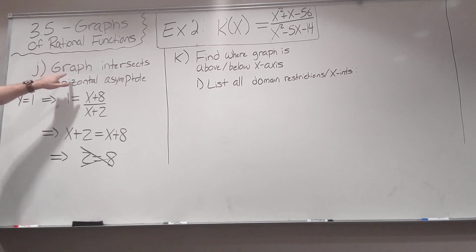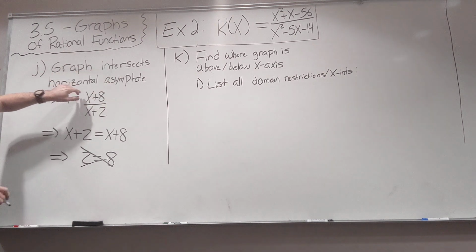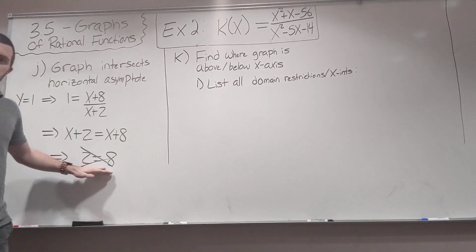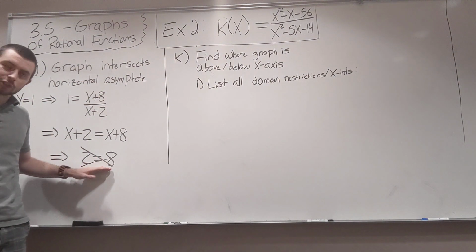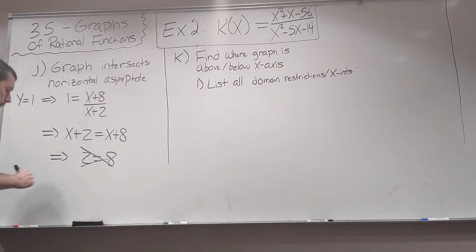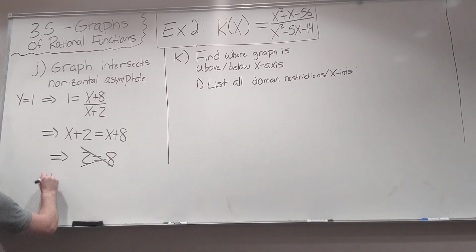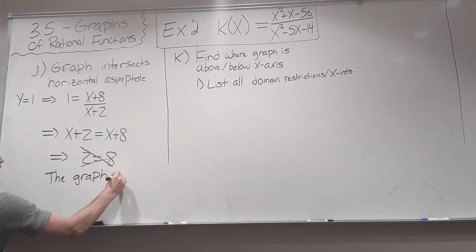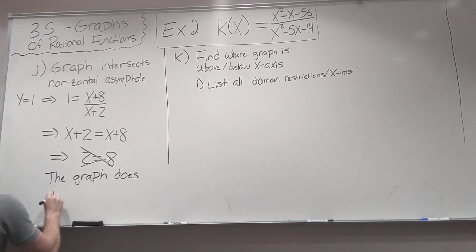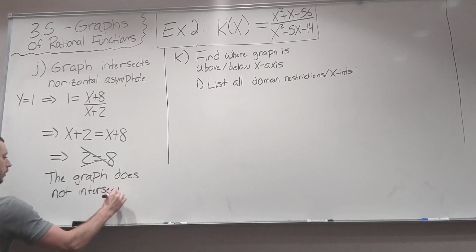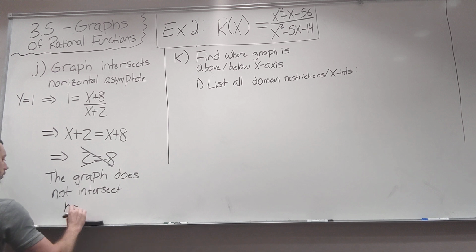We were looking for when the graph intersects the horizontal asymptote, and we hit something that was clearly a contradiction. So what we conclude from that is that the graph does not intersect the horizontal asymptote.